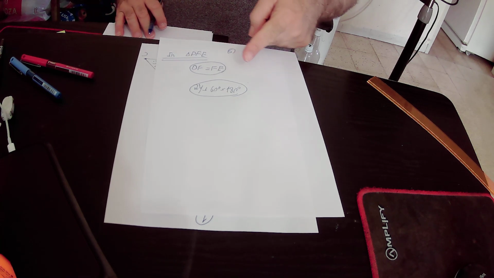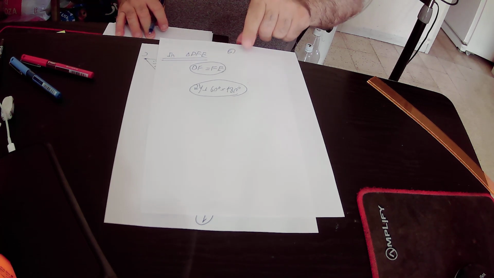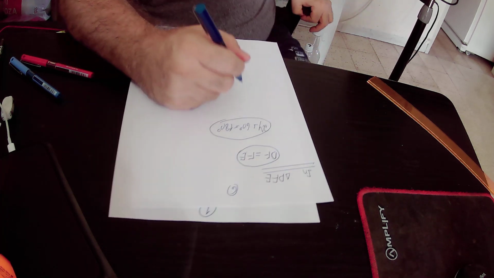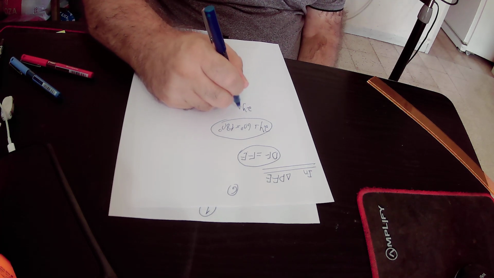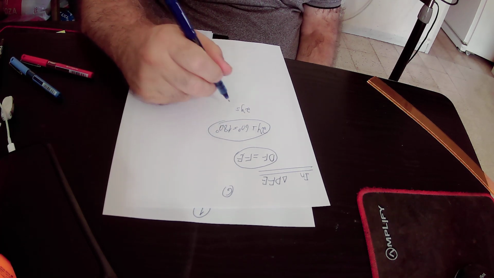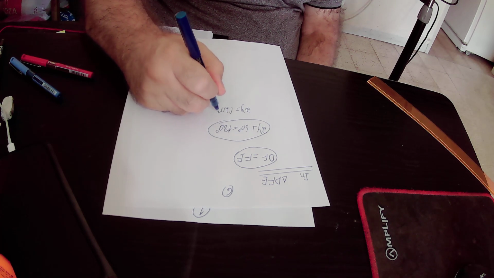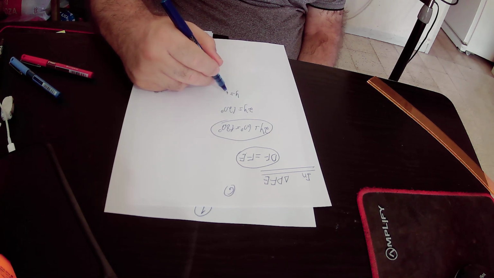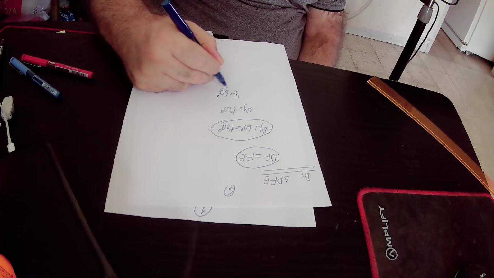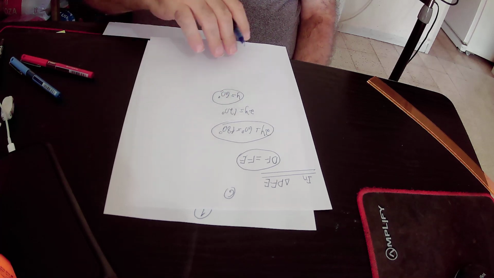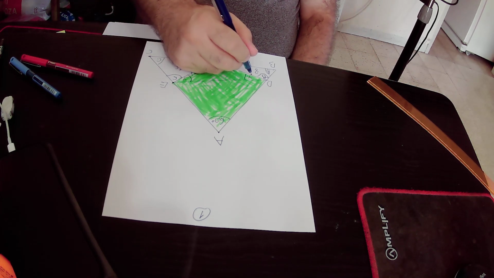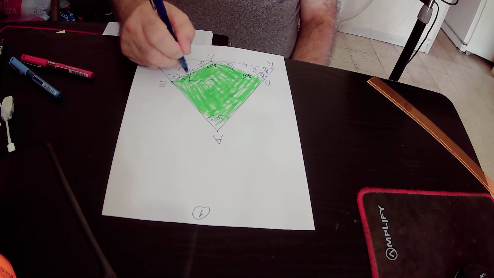So here we will subtract 60 degrees from this equality, and we will get that 2Y equals 180 degrees minus 60 degrees, which is 120 degrees. Here we will divide this equality by 2, and we will get that Y equals 120 degrees over 2, which is 60 degrees. So we found out that the size of angle Y is 60 degrees. So here we can write that this angle equals 60 degrees, and also angle FED equals 60 degrees.